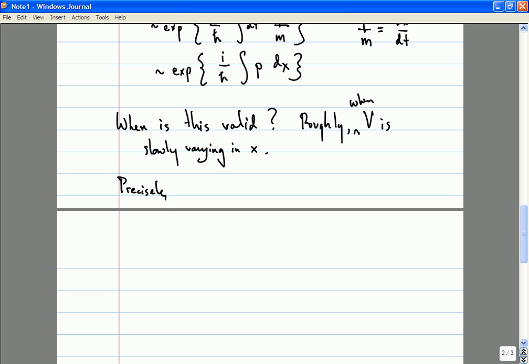So precisely, we expect that this approximation should be valid when the second term in the expansion of the equation of motion is much, much less than the first term.